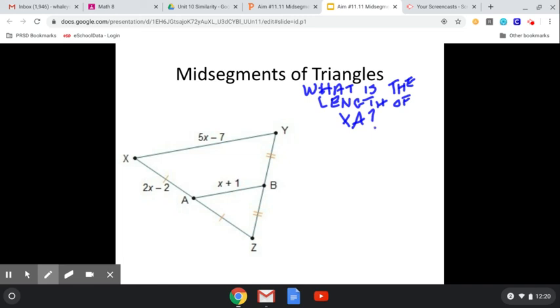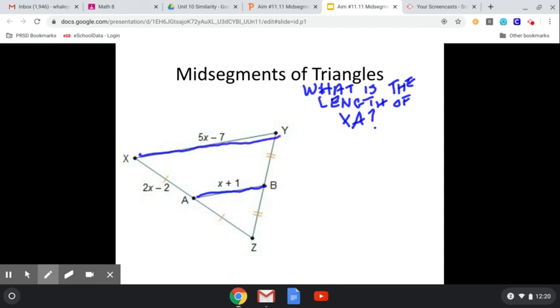Now, why don't we know XA right now? Because we don't know what X is. So we need an equation that we can use to solve for X so that we can plug it in and figure out the length of XA. AB right here is half the length of this.